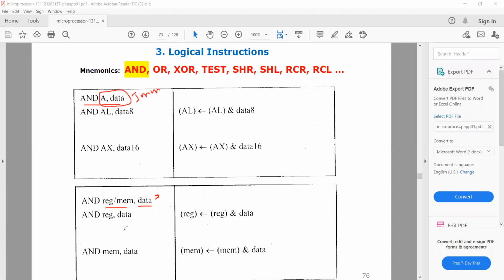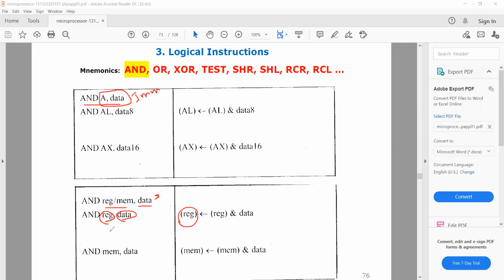Here, the same AND operation will be performed between the data given in the instruction and the data present in the register. These registers can be any of the registers we discussed in the register organization of 8086. And the result will be stored in the register itself, so it can be accessed from the register specified in the instruction.